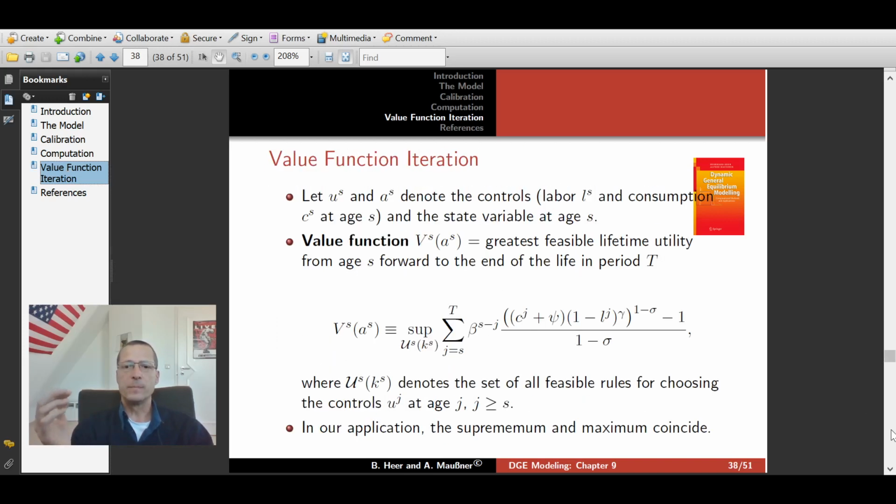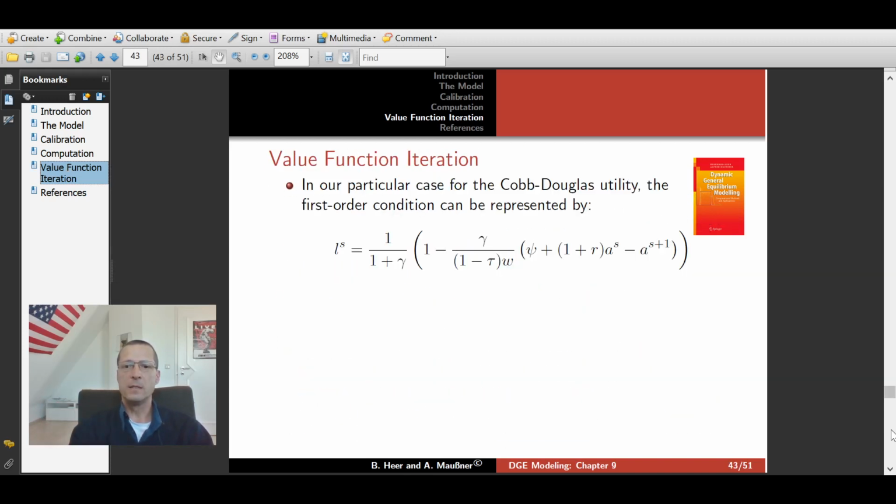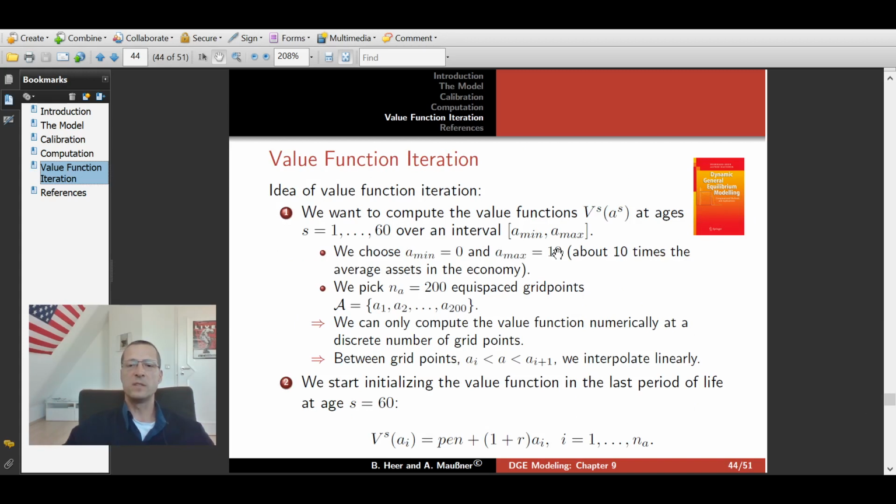Of course, our interval here between a_min and a_max, the individual state space, must contain the average wealth in our economy, which is 0.8.